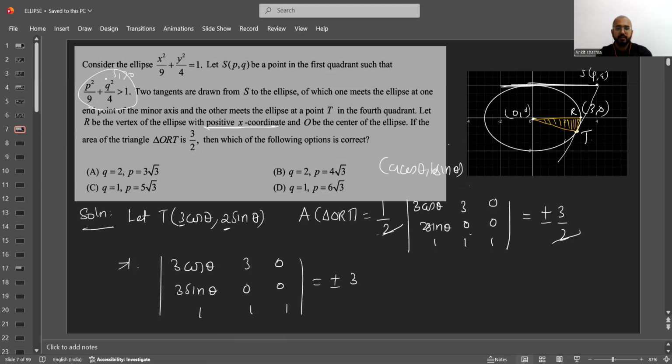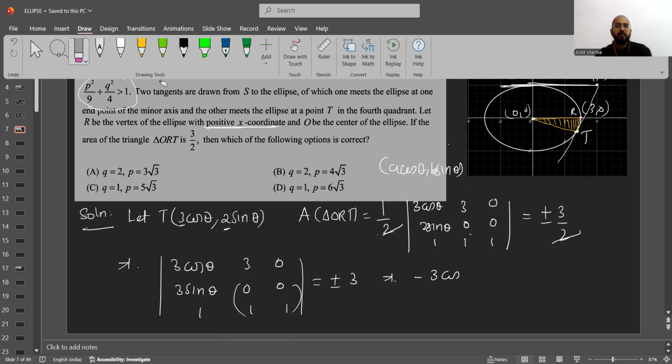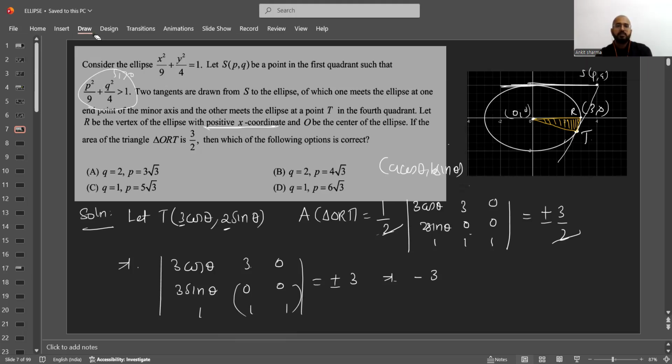Now we can open it, and this is going to give me simply 3 cos theta with the 0 determinant, and with this, I'm going to get only 3 sine theta. With 0, I'm going to get 0. So I can simply write down minus 3 times 3 sine theta.